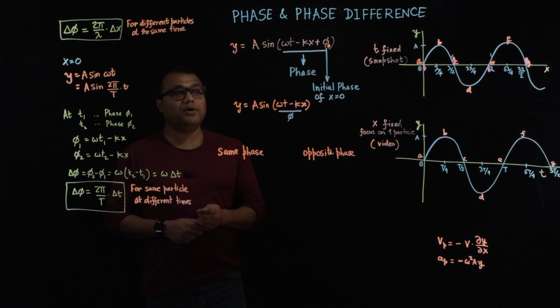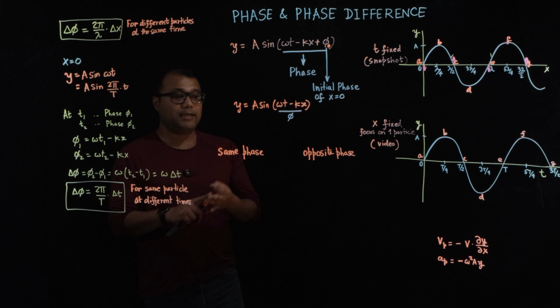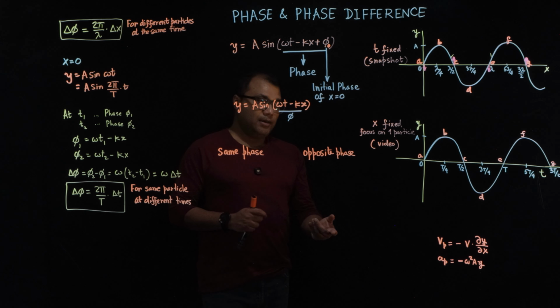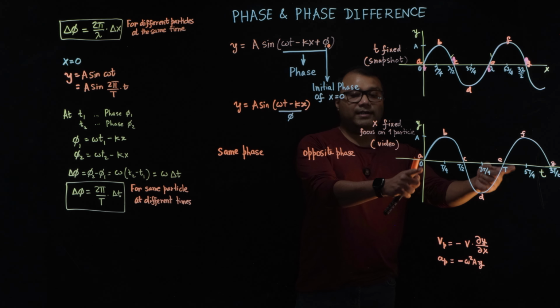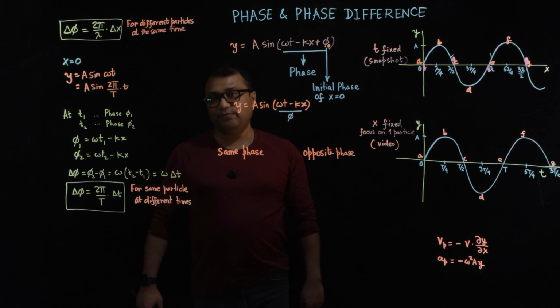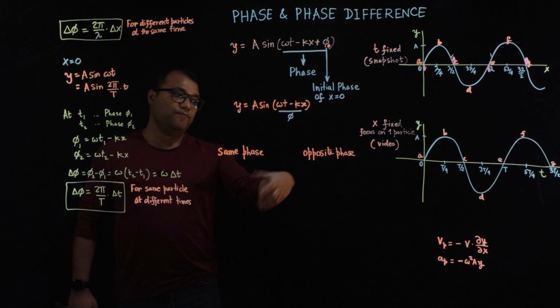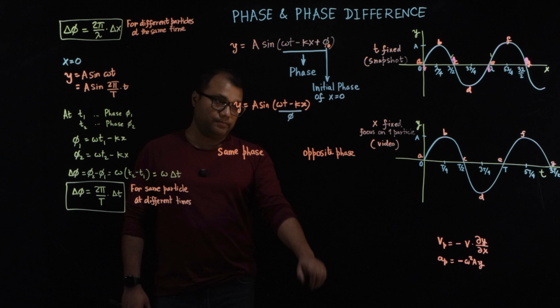If all these quantities, the displacement, velocity and acceleration have same magnitude but opposite directions, then those two different times are in opposite phase. Okay, so make sure your concept of same phase and opposite phase are clear.